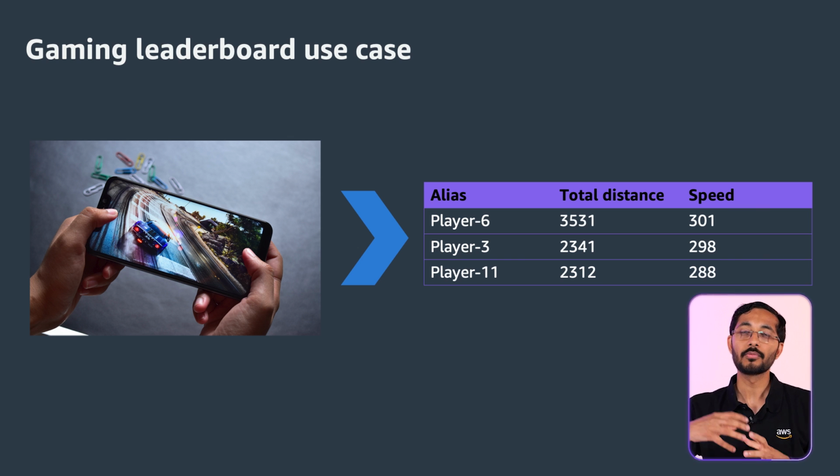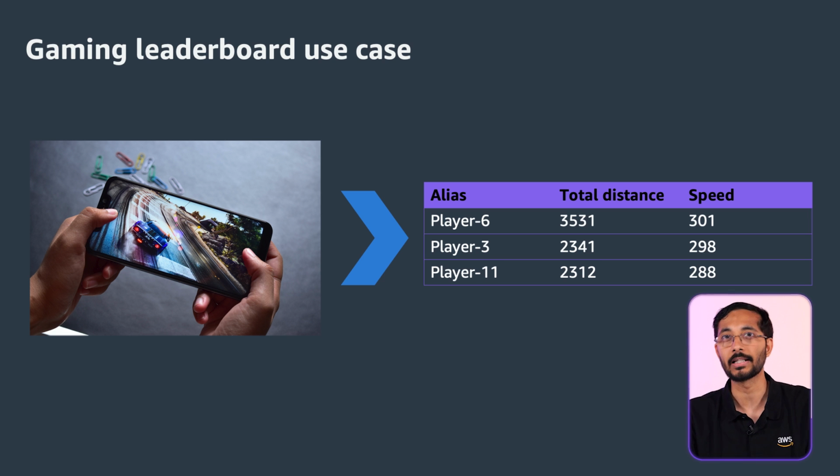We translate that into a real leaderboard, which showcases two important factors for all the players: first, leaderboard by top speed, so who is the best player in terms of speed, and the total distance that a player has traveled within the game. That's our end goal.